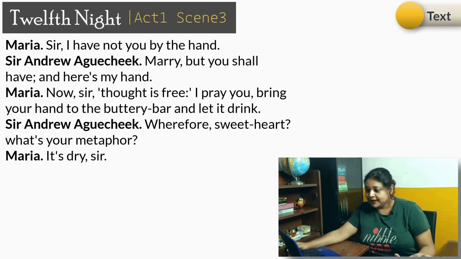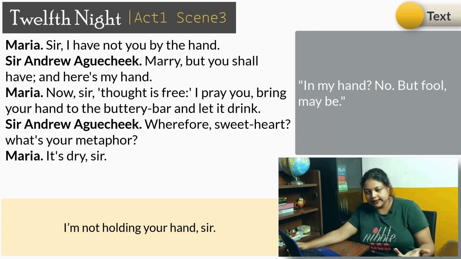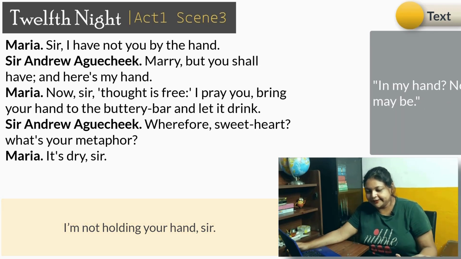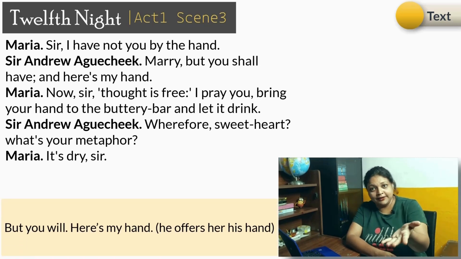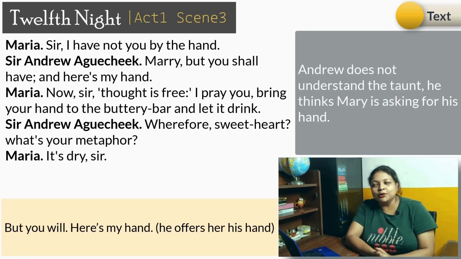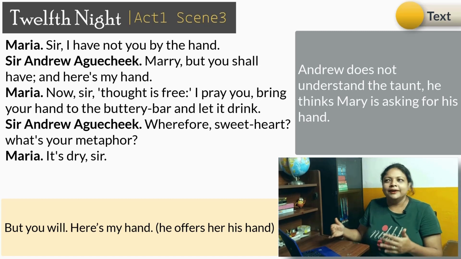Maria is saying, Sir, I have not you by the hand. I'm not holding your hand, so I can't say I have fools in my hand. Marry, but you shall have, and here's my hand. Now, Andrew is so simple-minded, I would rather say simpleton, that he is actually absolutely without guile at this point.